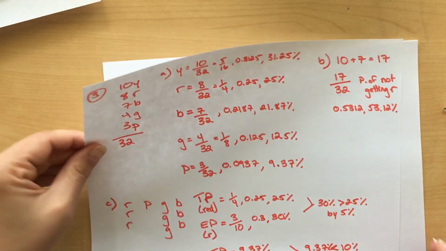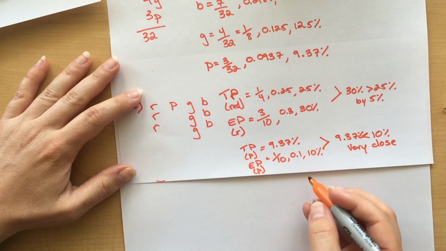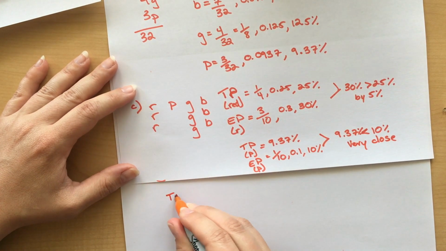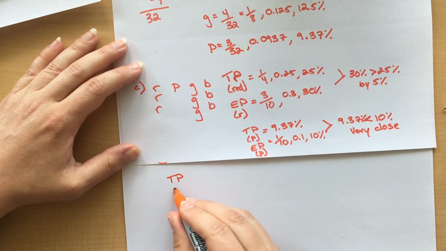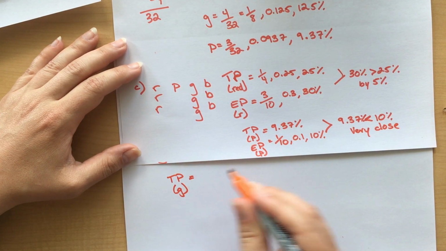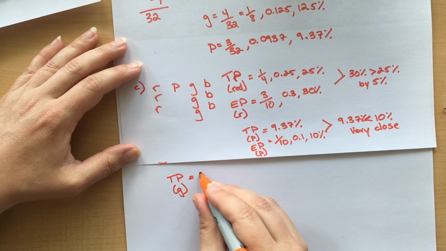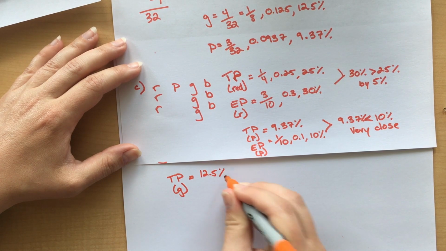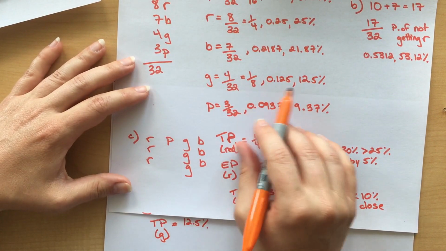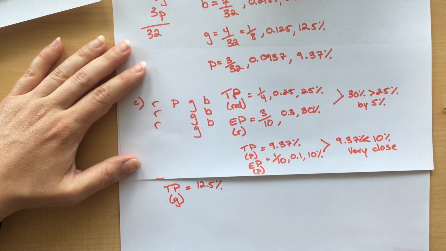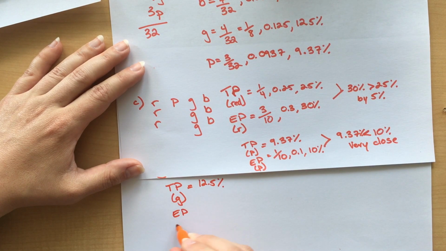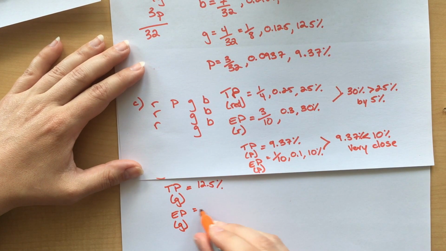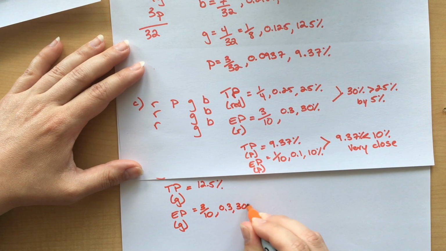Okay, I'll just look at another page here. So let's look at the theoretical probability of green. Green was supposed to happen 12.5%, according to our numbers up here. And experimentally, green occurred 3 out of 10, 0.3, or 30%.